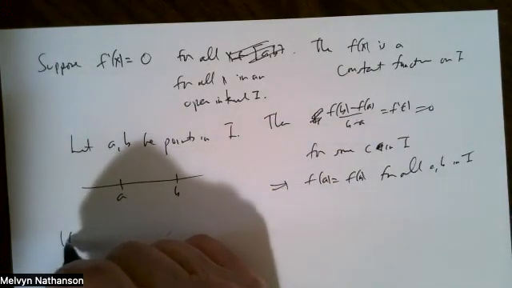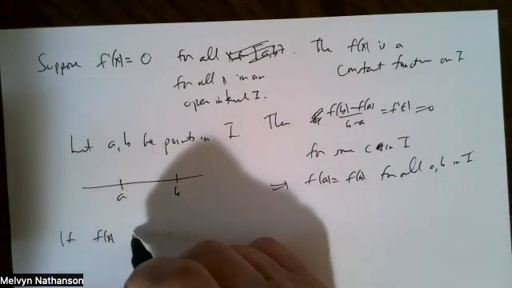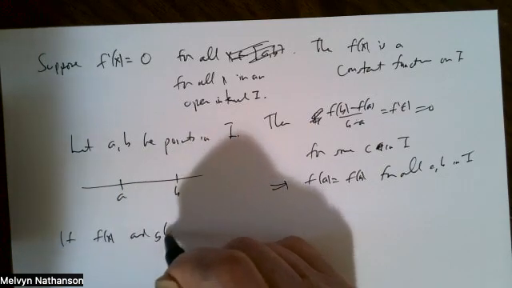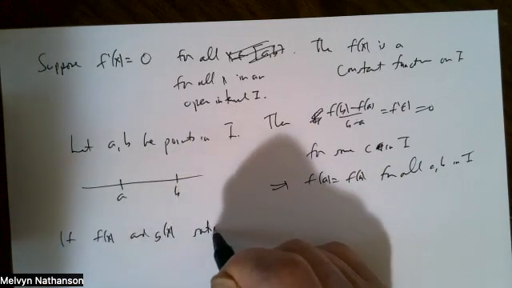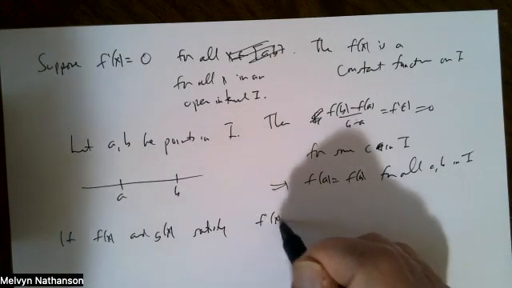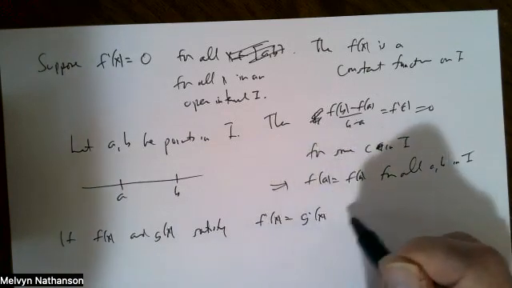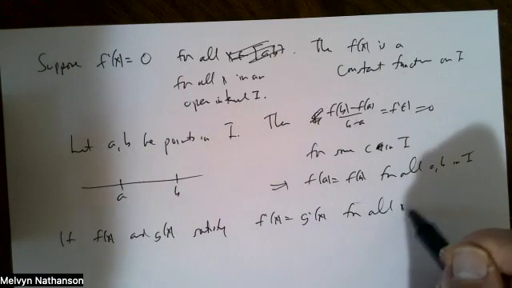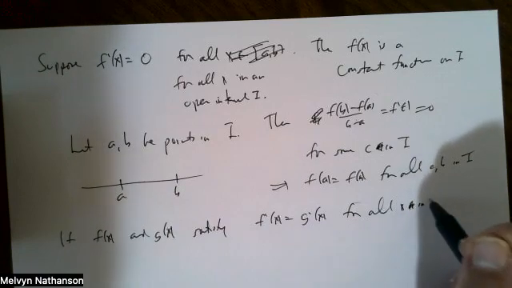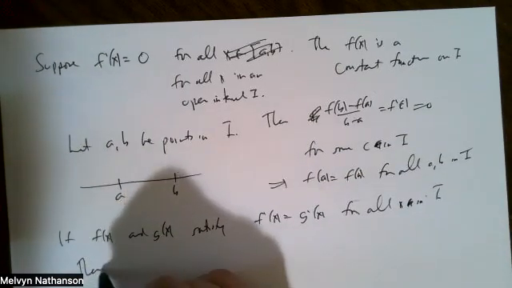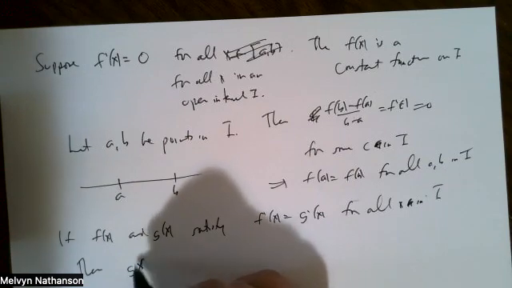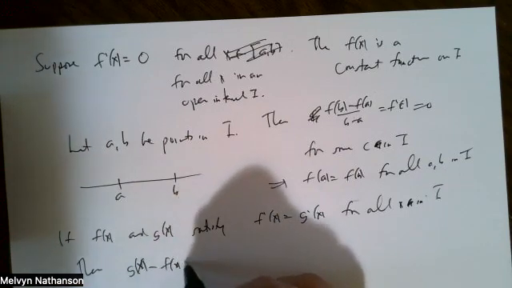It also follows that if we have functions f and g that satisfy f prime of x equals g prime of x for all x in this open interval I, then g of x minus f of x is a constant.